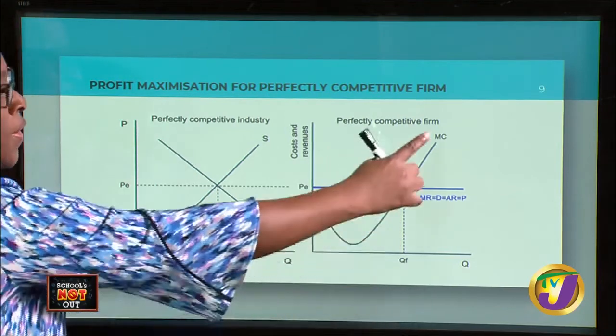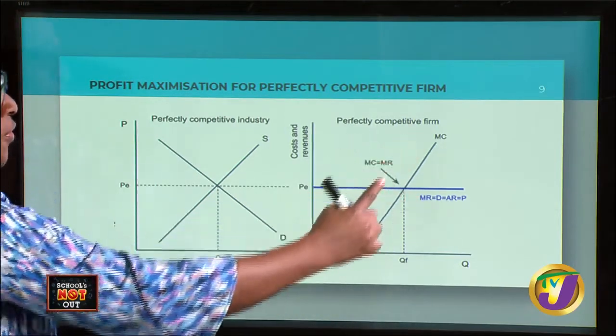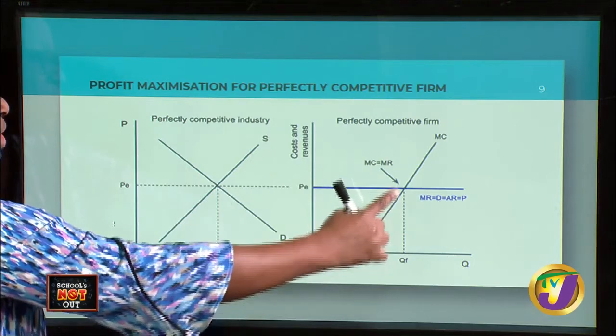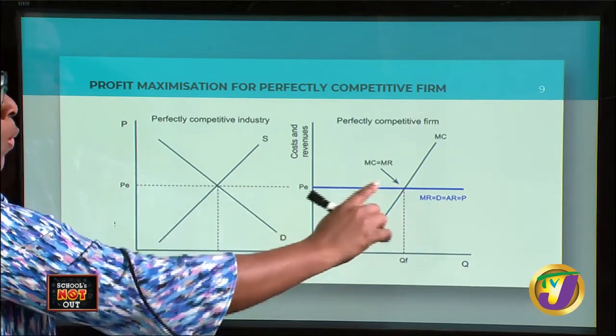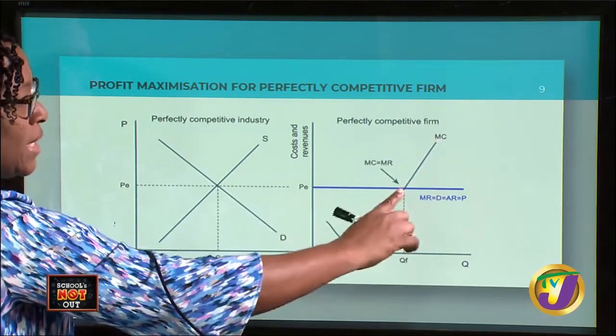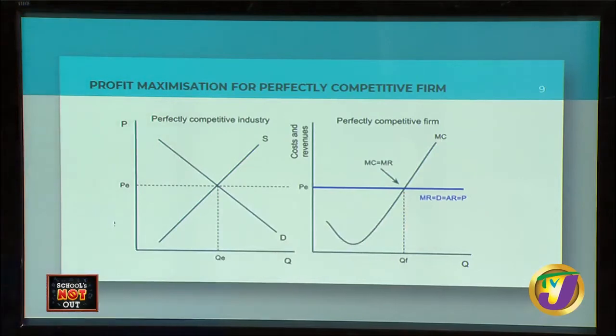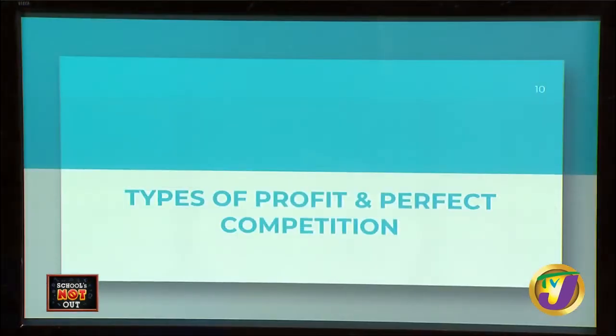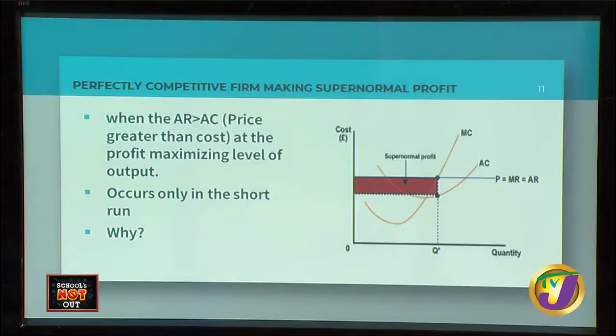And so for the firm, profit maximization is achieved right here, where marginal cost is equal to marginal revenue. Now, for each market structure, we are going to look at the types of profit, but for perfect competition, let us look at how they are making what we call abnormal profit, or supernormal profit.